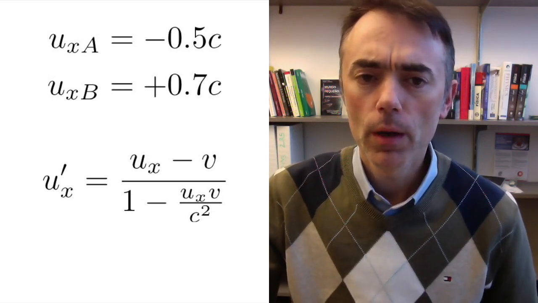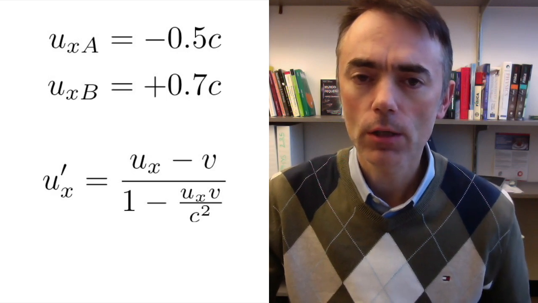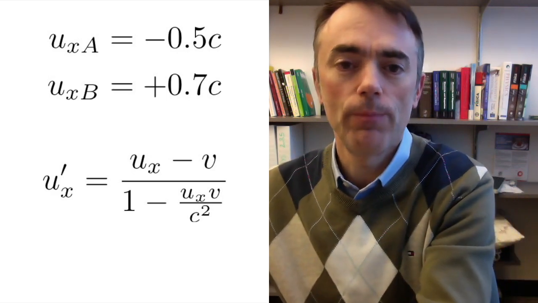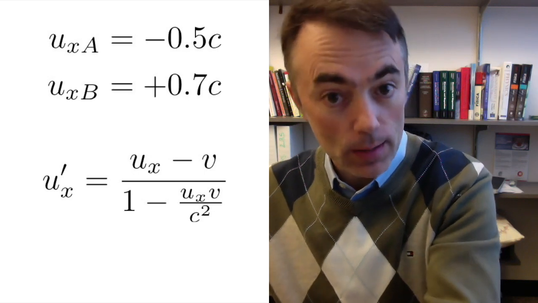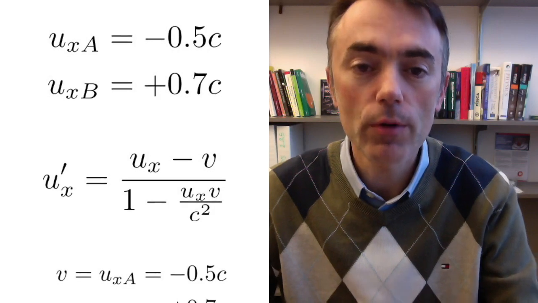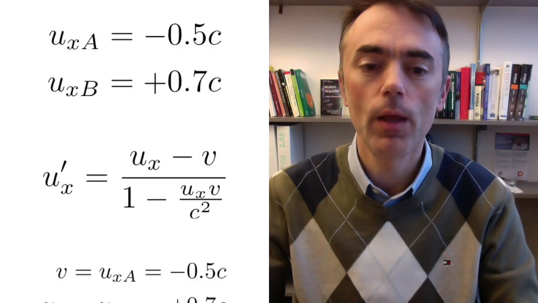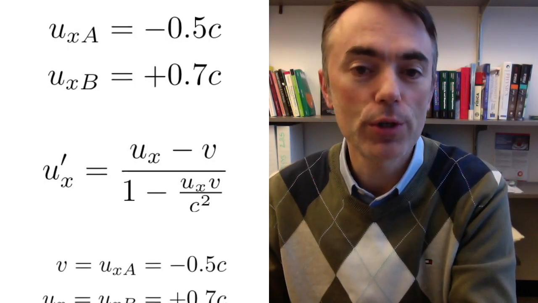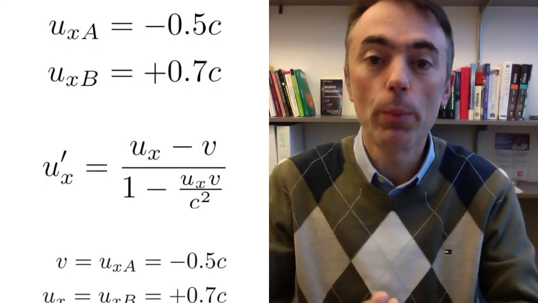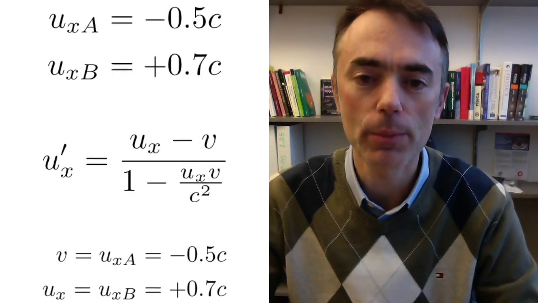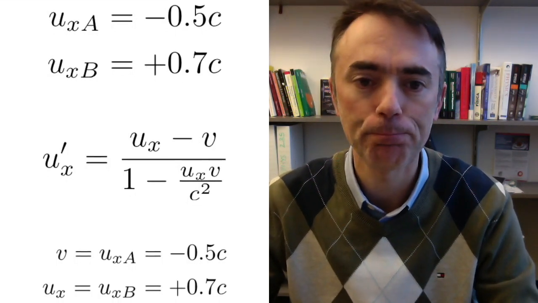Because v is the velocity of the reference frame, and now we are going to go to spaceship A, which is the moving reference frame, then the velocity of A is going to be the velocity of the reference frame, so v. And then the particle that we are observing is spaceship B. So u sub x is going to be u_xB, which is the velocity of spaceship B, 0.7 c.